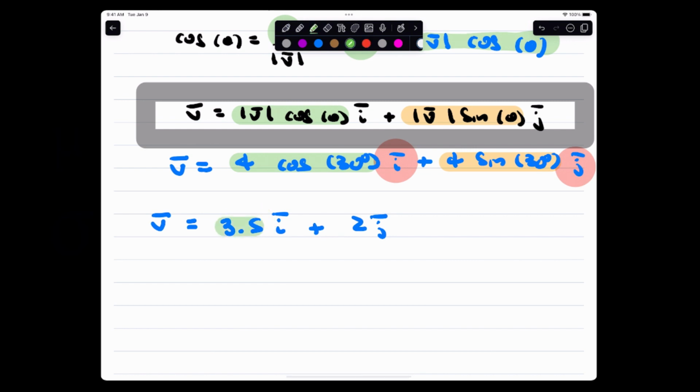You got 3.5i, and you have plus 2j. And now, ladies and gentlemen, this is what they're looking for. This is vector v in ij form.